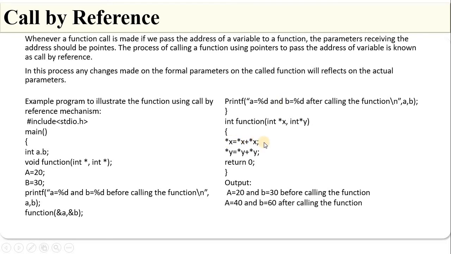Thus if you call by reference, any changes that you make in the called function would get reflected in the calling function as well. Thus here a and b would print 20, 30 before, and after this function call, since you are adding, it will show a is 40, b is 60 after calling the function.